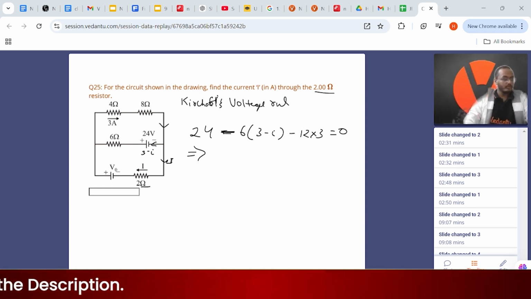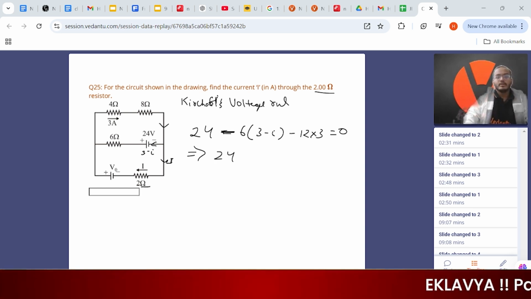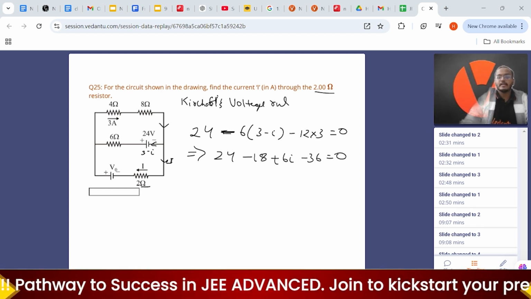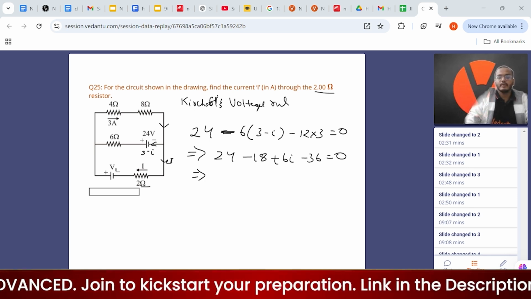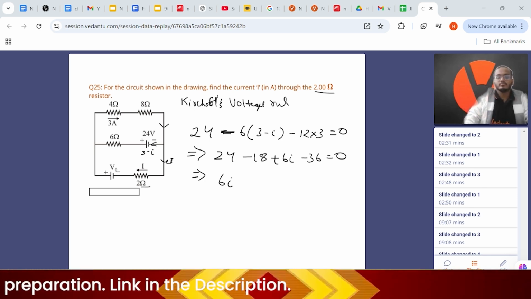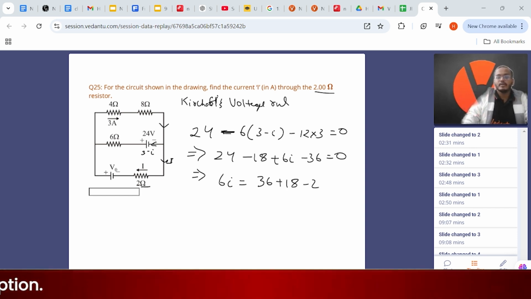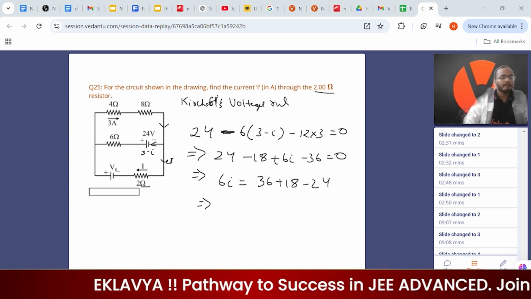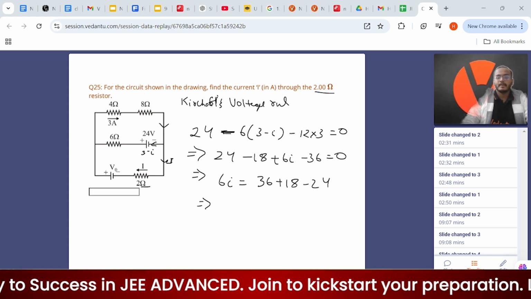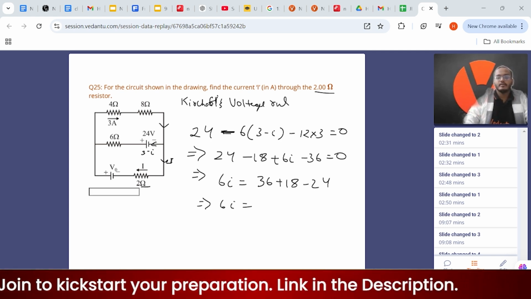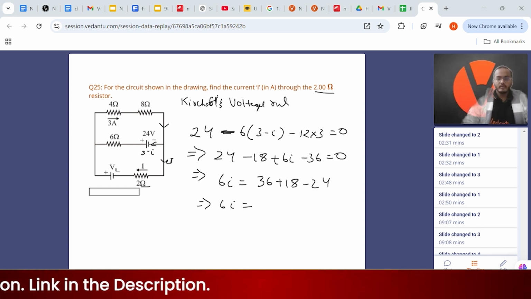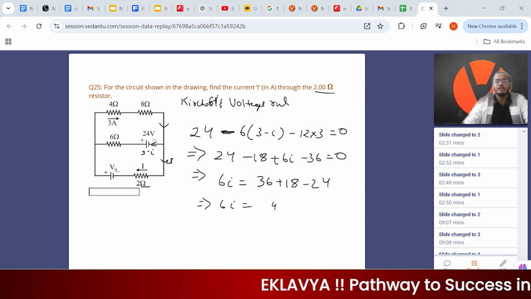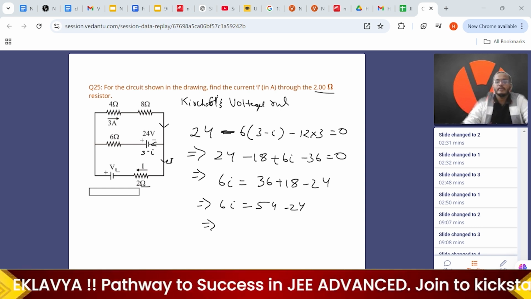Okay, so from here I can easily calculate that it will be 24 minus 18 plus 6i minus 36 equals 0. So 6i will be equal to 36 plus 18 minus 24. 36 plus 18 will become how much? 54. 54 minus 24 is 30.